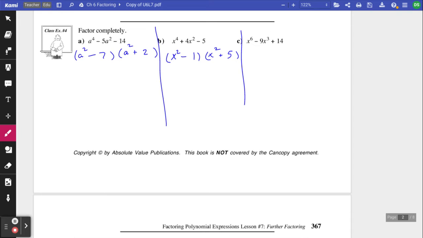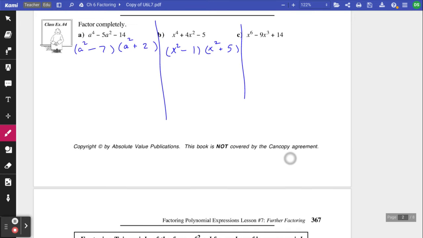Okay, wait. I'm on B though, Ben. That's okay. I thought you were going on to the next question. I knew what he was thinking about. Hold your thoughts. Okay, I'm on part B. I want to know, how can you go further? Why can you factor further? Gabe thinks he knows.